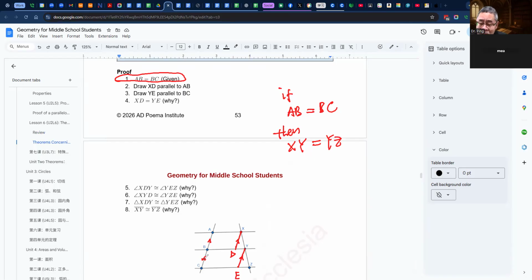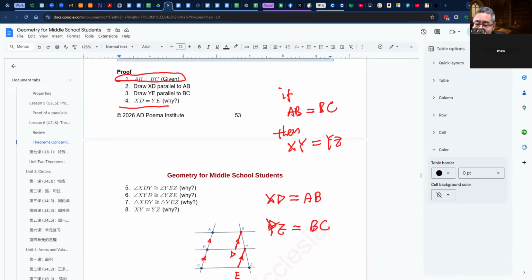Well, what do we know? First of all, we know XD is equal to AB, and YE is equal to BC.